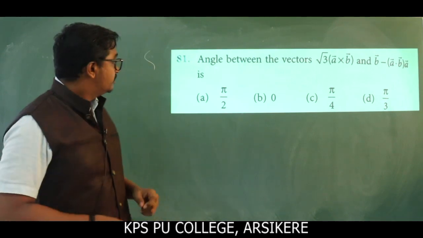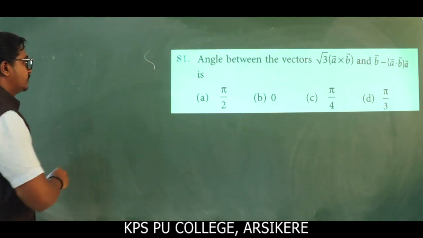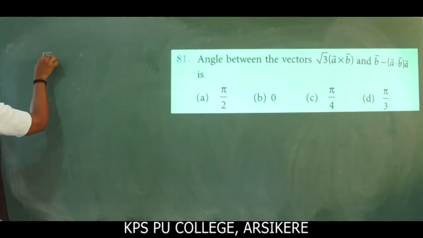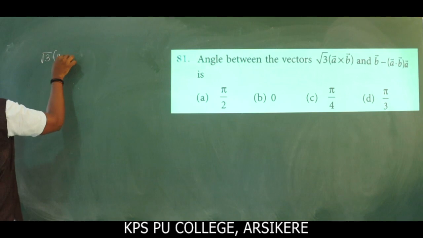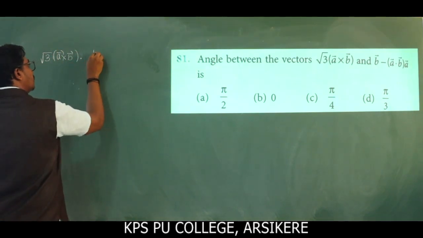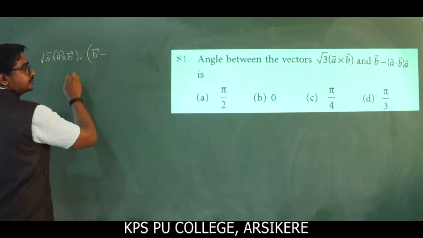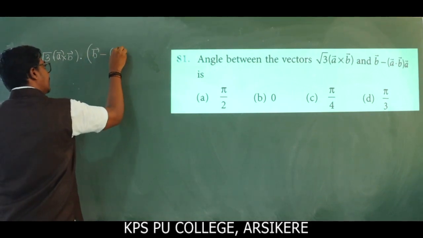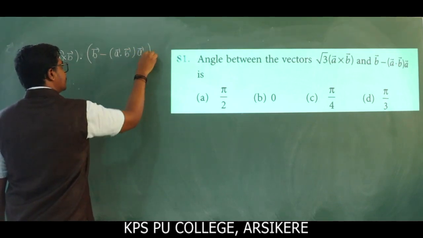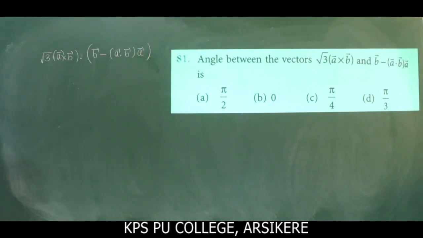I will go with the concept of dot product. Consider what is given: root 3 into a cross b, the dot product with the second vector, vector b minus a dot b into vector a.